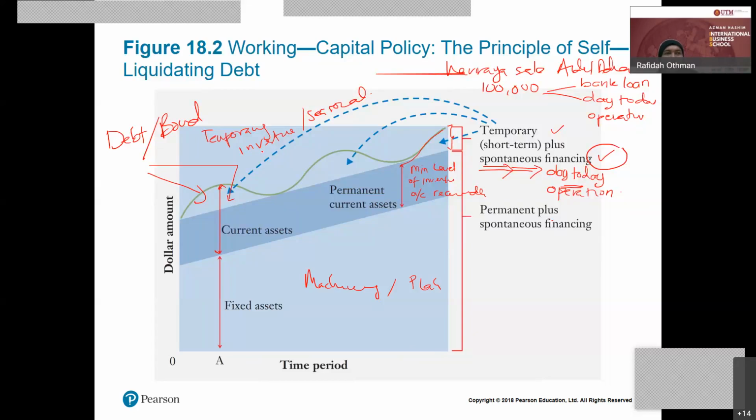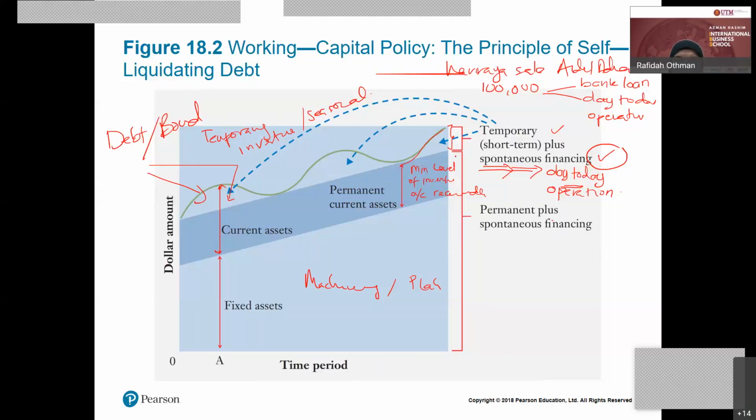Because one is short term, another one is long term. Alright? Okay. So this is on the temporary investment in asset.